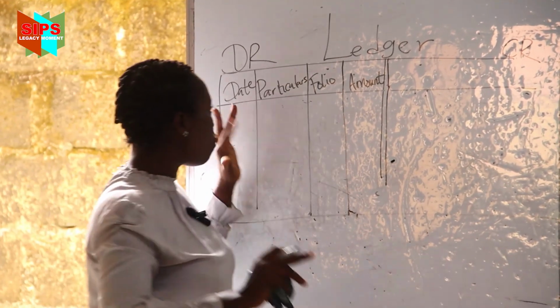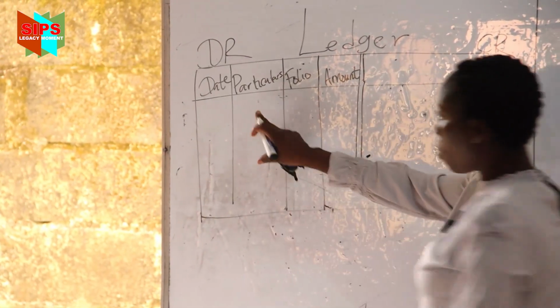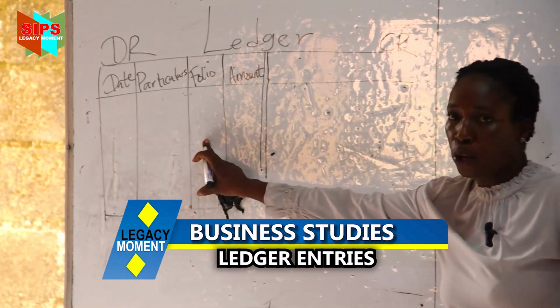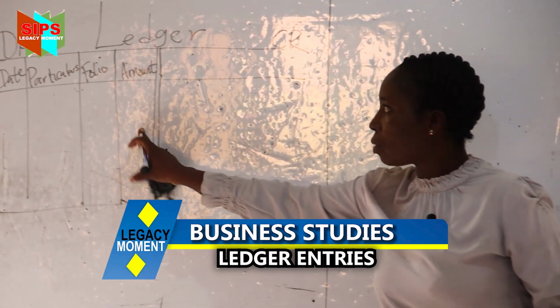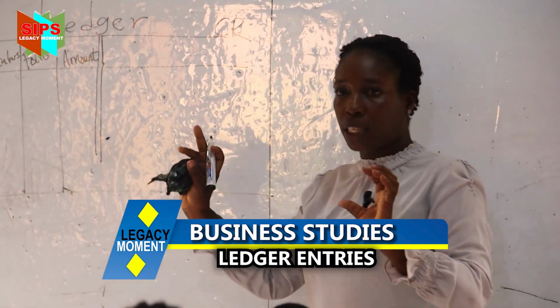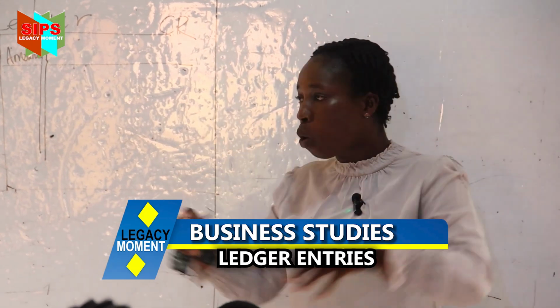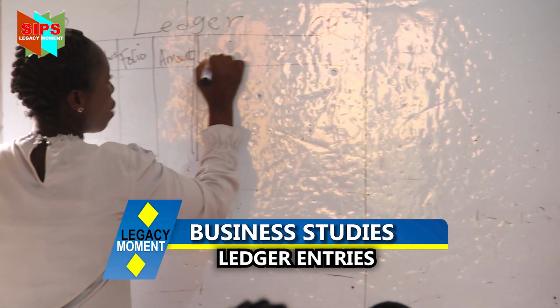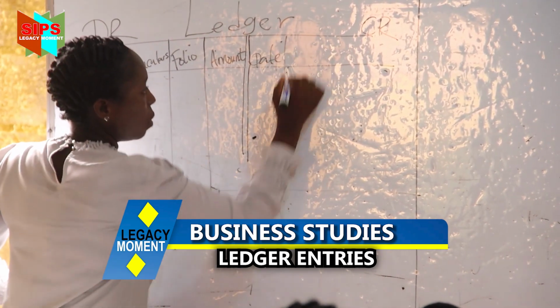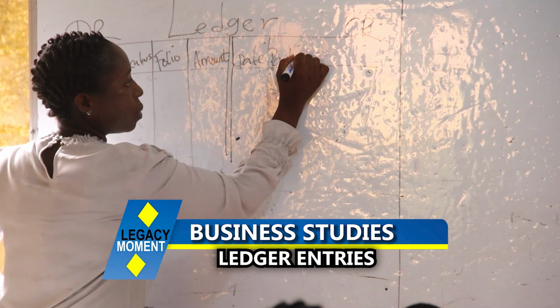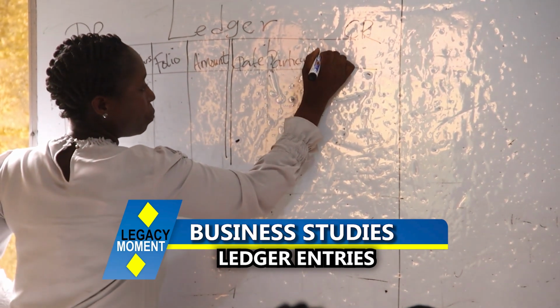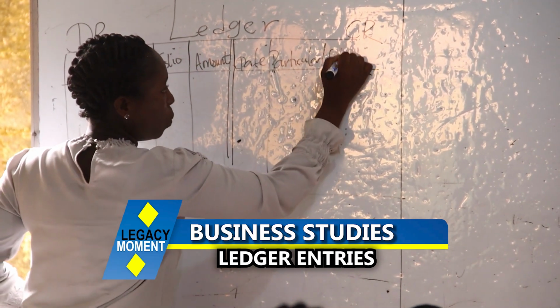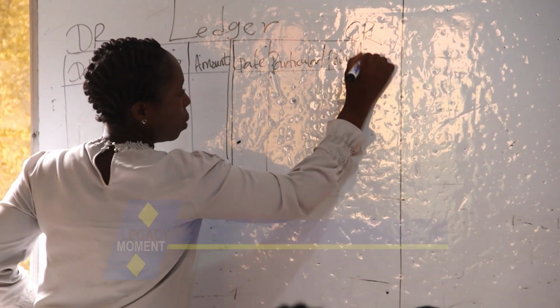So every ledger has a date, particulars, folio, and amount on the debit side. So the same information is also contained on the credit side. So it follows suit. You have your dates, your particulars, folio, amount.